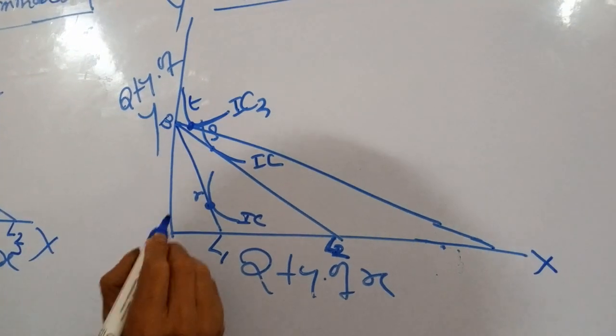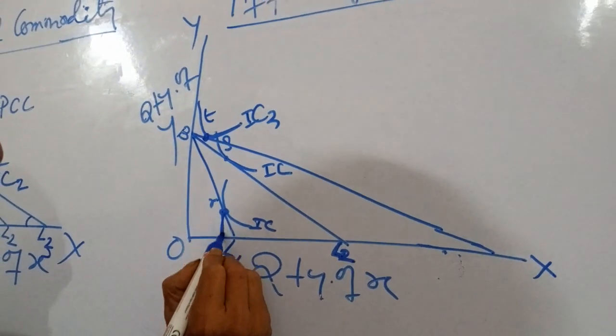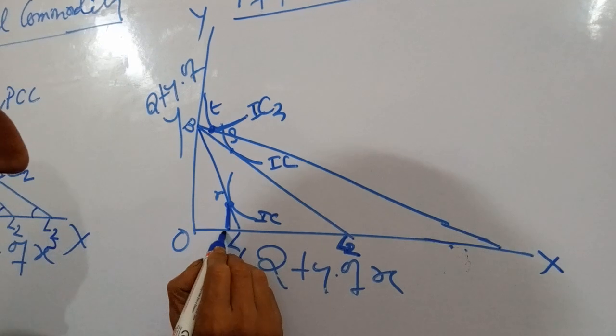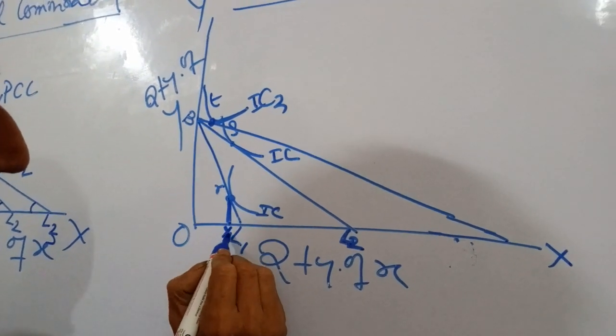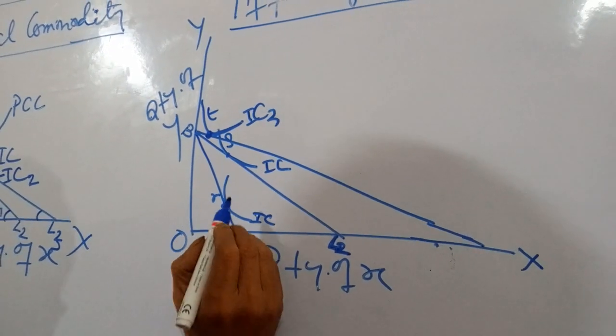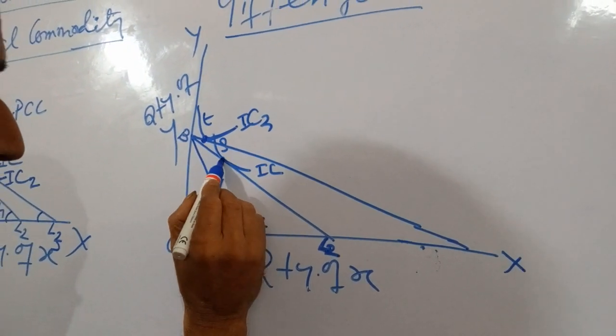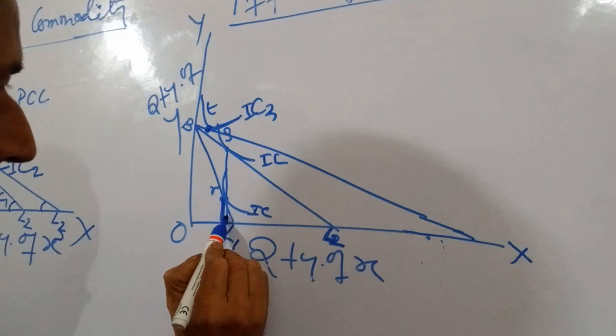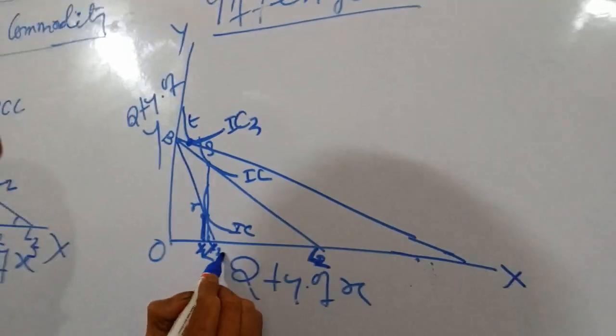Now you see, here the consumer was consuming X1 units of X. As the price of X falls, consumption of X slightly increases, say X2.